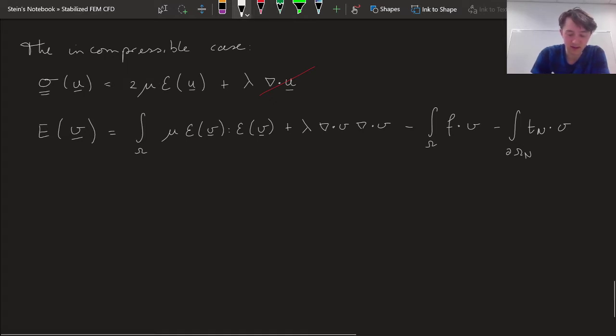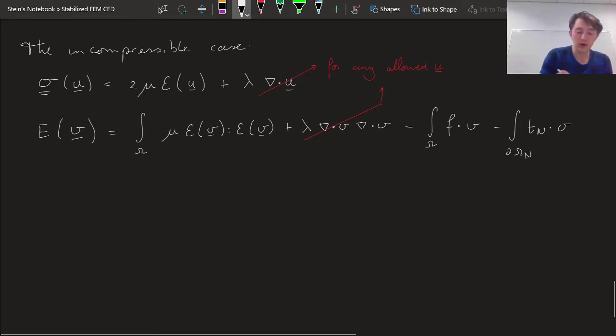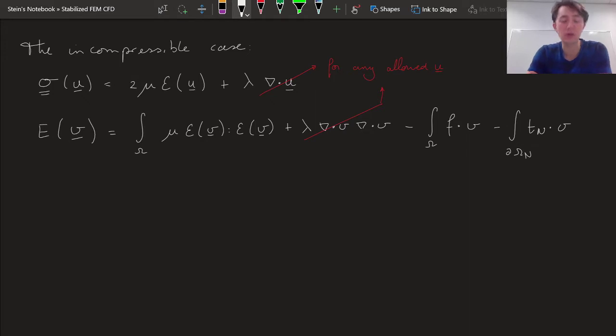And so for any allowed U, which also means that from our energy functional, this term drops out. So we have, in a sense, a new energy potential.